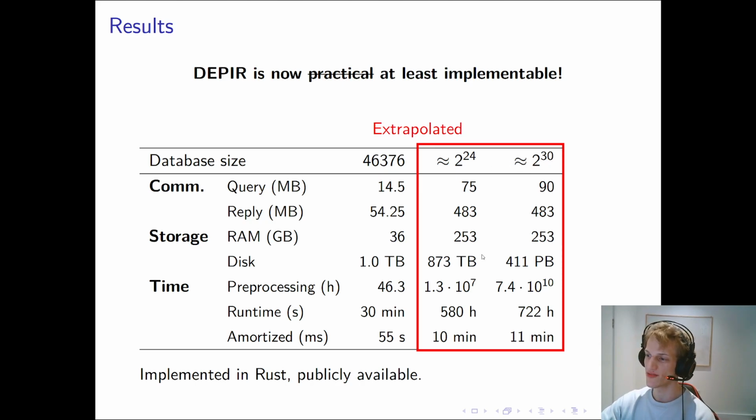And in these cases, we have very large storage requirements of 800 terabytes, respectively 400 petabytes, which admittedly is already very high, but still it doesn't really seem very practical. And also the runtimes are in the order of many hundreds of hours. Again, amortizing makes them look quite nice, even though 10 minutes is still high, but makes them look somewhat nice.